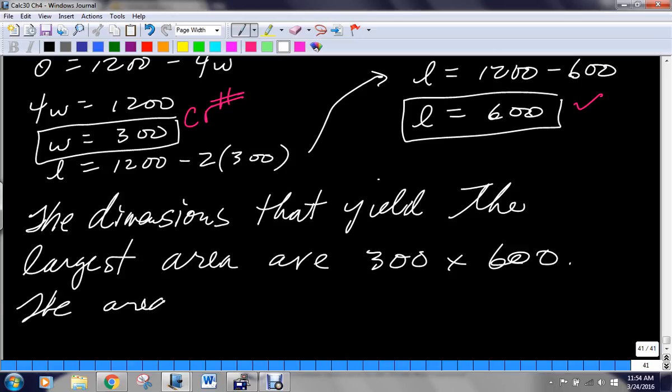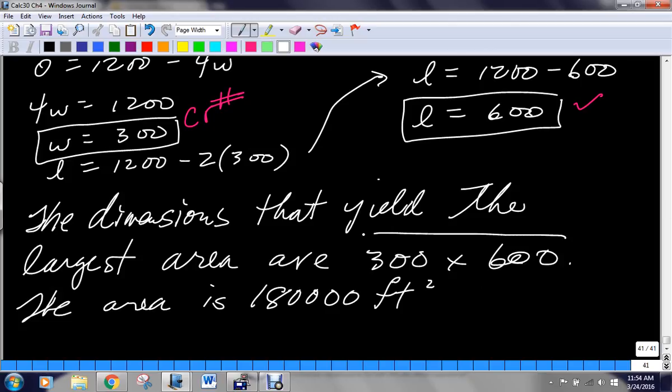The area, you should put the area, remember I mentioned yesterday, so the area is 180,000 square feet. All right, so dimensions 300 by 600, and this is your largest area.